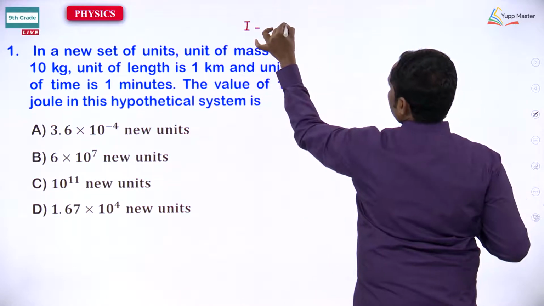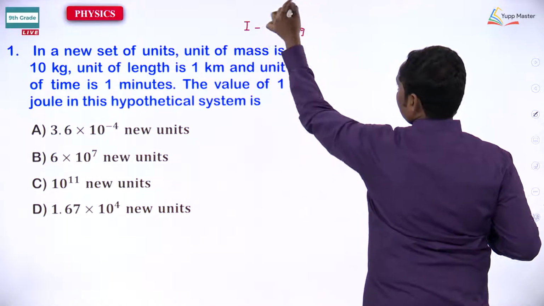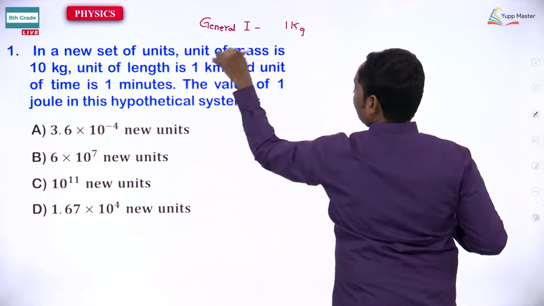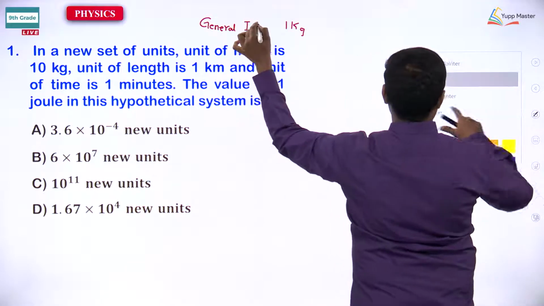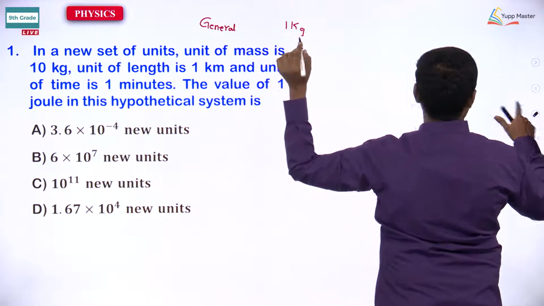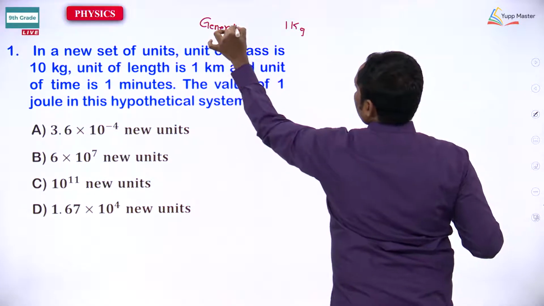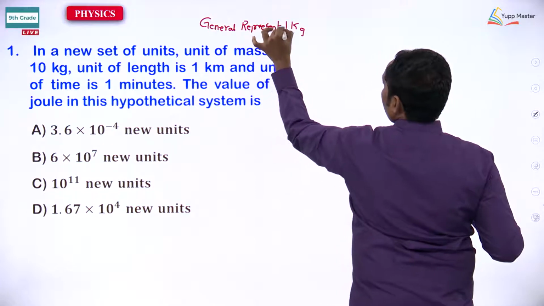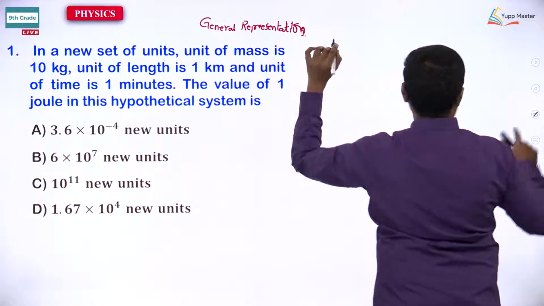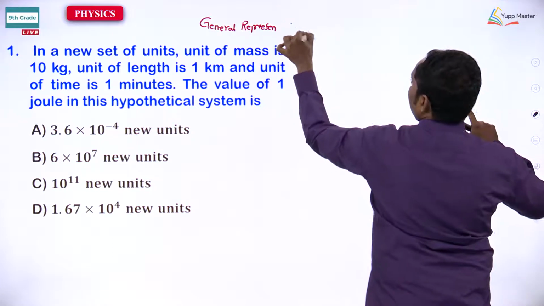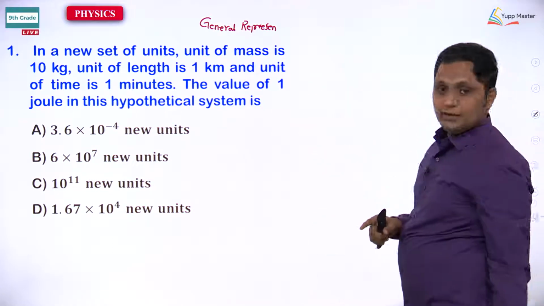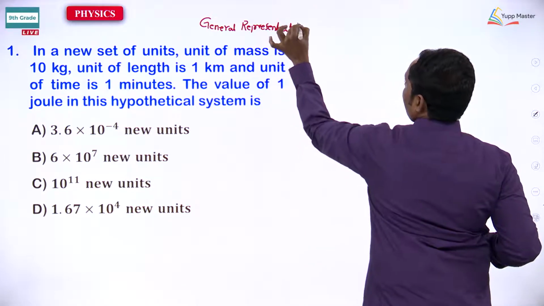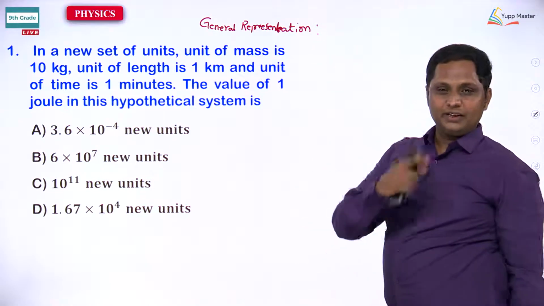It is 1 kg meter per second square; this is the general representation.